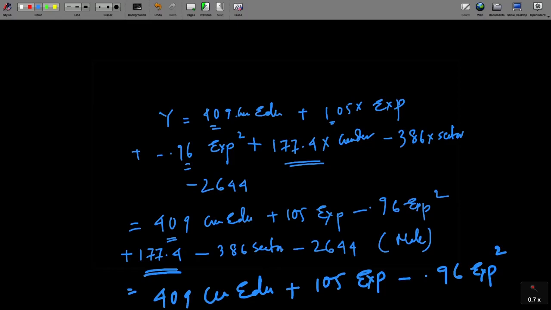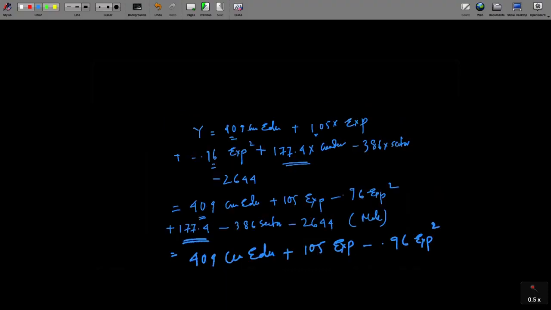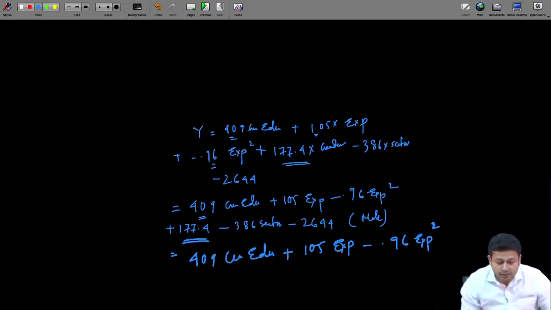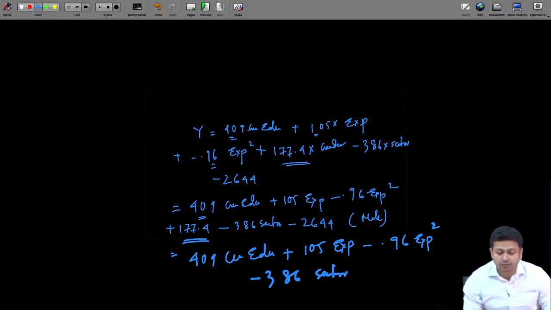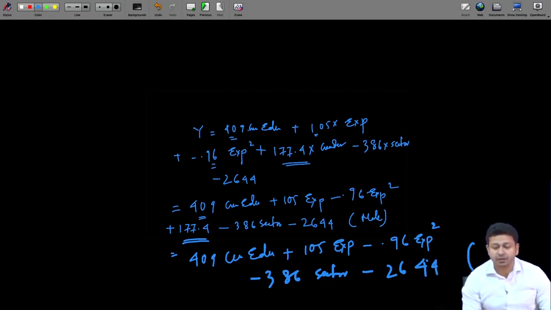So 0 into this value is going to be 0, and you do not include that. And what you have here is minus 386 into sector minus 2644, right. So everything else remains the same.